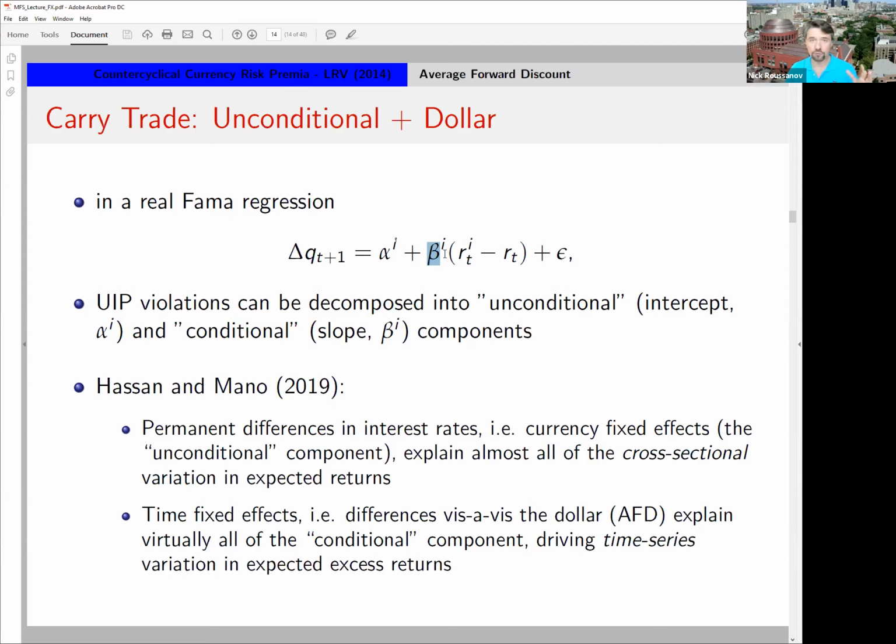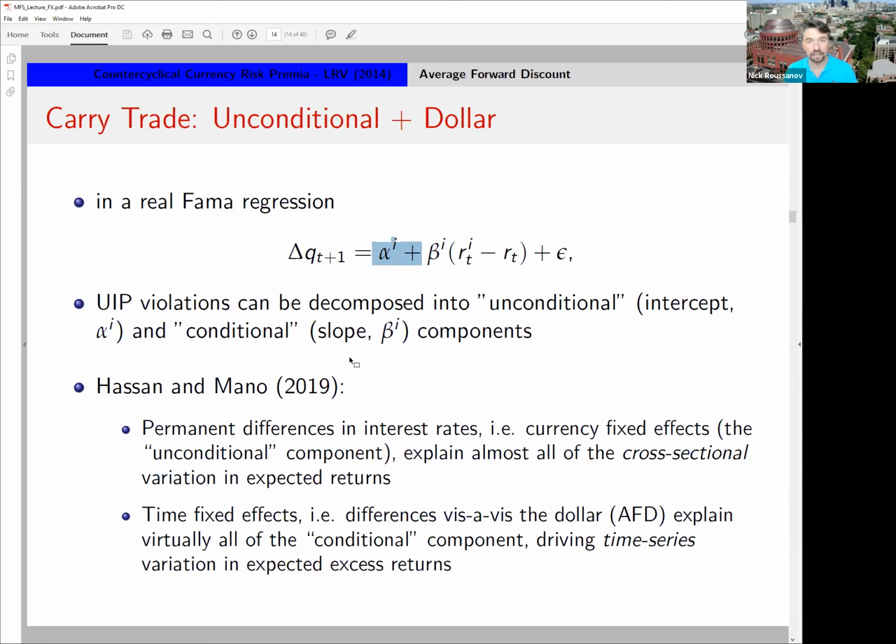Now, if you put this into a panel, what Hassan and Mano find is that pretty much all of the violations of U.I.P. can be attributed to either the country fixed effect, so basically these intercepts or alpha coefficients that are country specific but permanent, or the time fixed effect, or in other words, variation in the country's currencies vis-a-vis the dollar.